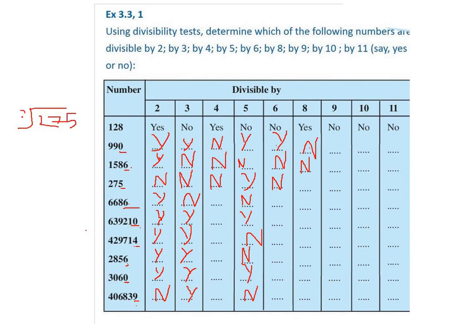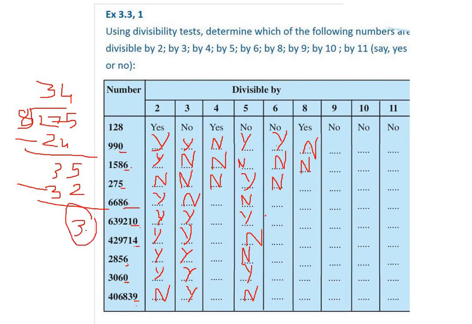Let's divide by 8. 8 3s are 24, and then we bring 3 and 5 down, 8 4s are 32. So writing 32 here, we subtract, and the answer left is 3. Again, we are not getting remainder 0, so we can say that it is no. And in this manner, you are going to check the rest of them.